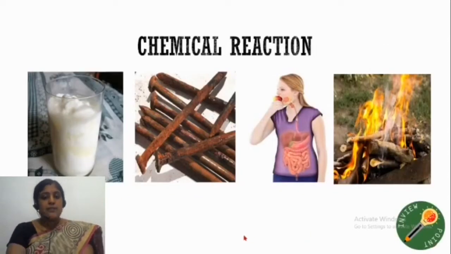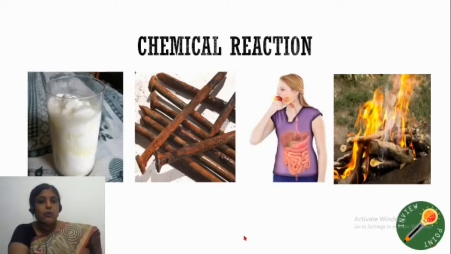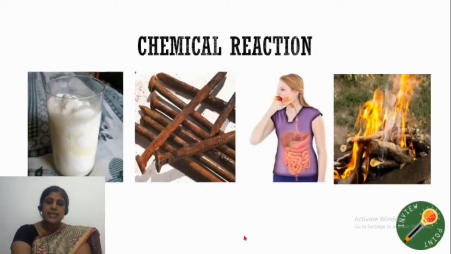See, you may have observed that milk turns sour when left outside in the summer. That is, fermentation of milk occurs, right? Similarly, you may have seen rusting of iron, that is, a brown dust around the iron nails or iron chains, right? These are all examples of chemical reaction in our daily life.